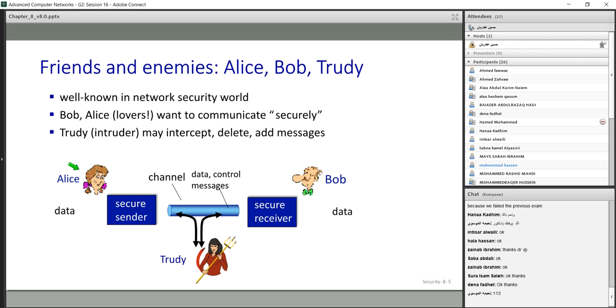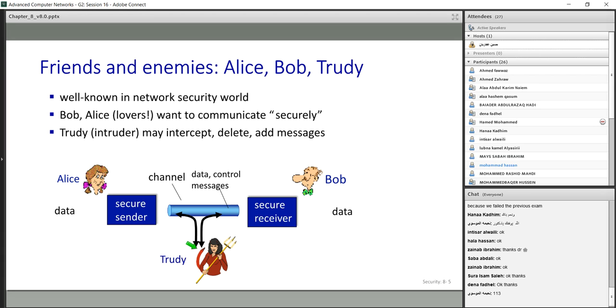If you read Farsi books, you can find Layli and Majnun and Khosrow and Shirin. They are lovers, couple lovers. When we talk about network security, those lovers are Alice and Bob.